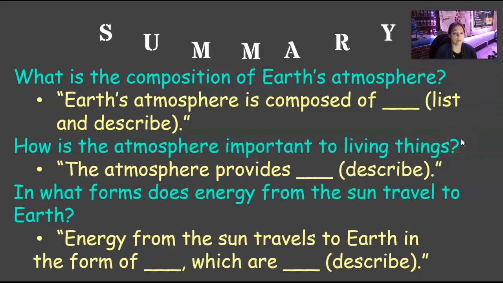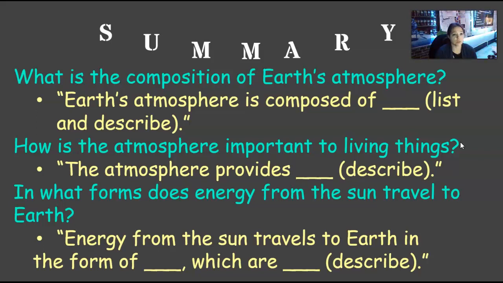What is the composition of Earth's atmosphere? Earth's atmosphere is composed of, what's it composed of? Remember, you have the troposphere, the mesosphere, the stratosphere, and the thermosphere. You could write those down. That's what it's composed of. How is it important to living things?